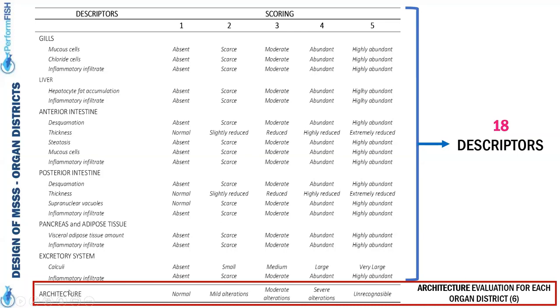This descriptor is very important because it includes all progressive and regressive lesions, especially those not considered by a specific descriptor. And so, doing a quick calculation, it turns out that for each batch, 24 data are obtainable.